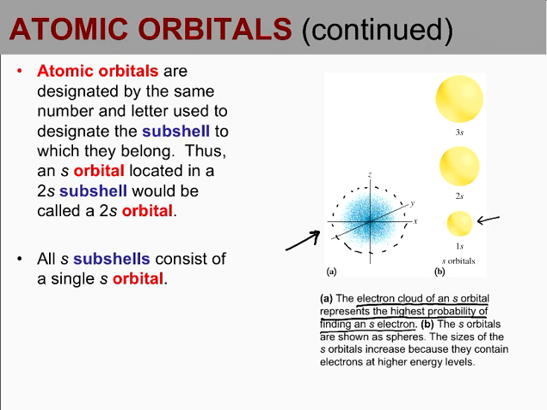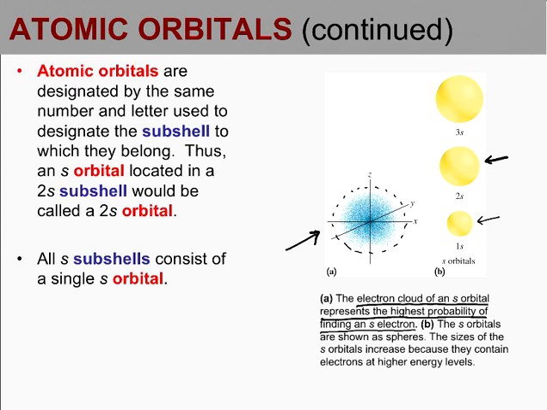So if an electron is in this 1s orbital, for instance, there's a spherical volume that it might exist in. Now, if an electron is in the 2s subshell, then it has a little bit more space that it could exist in.